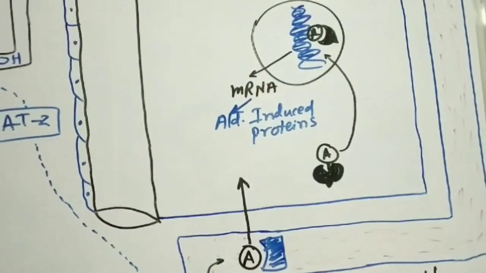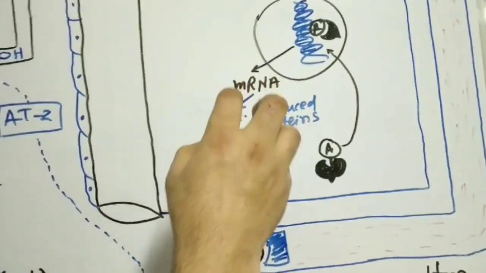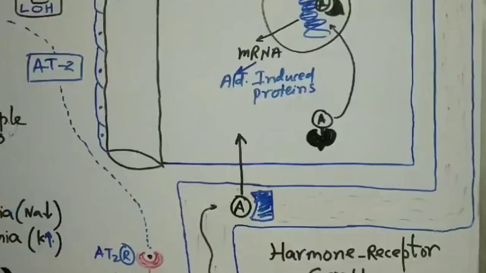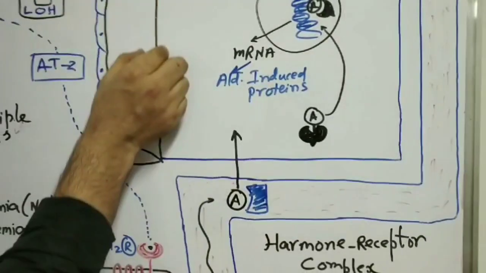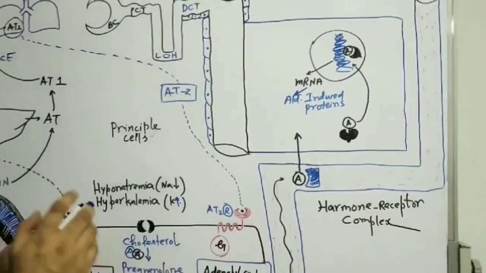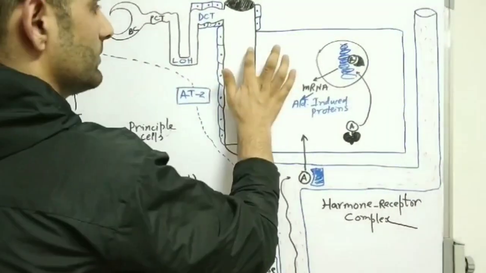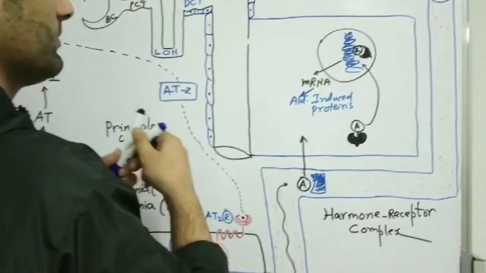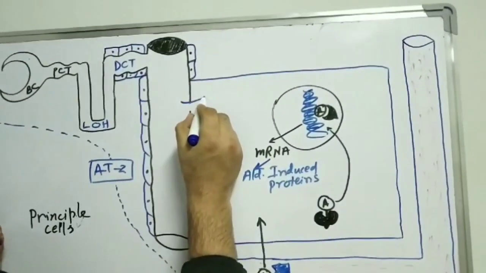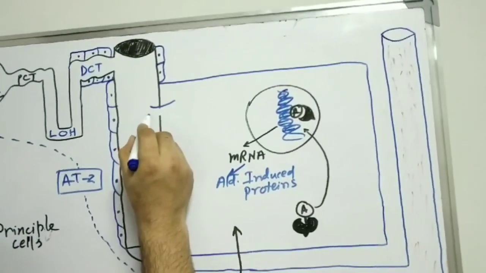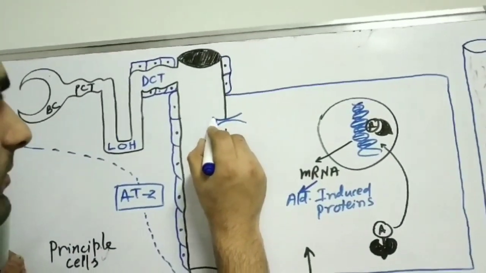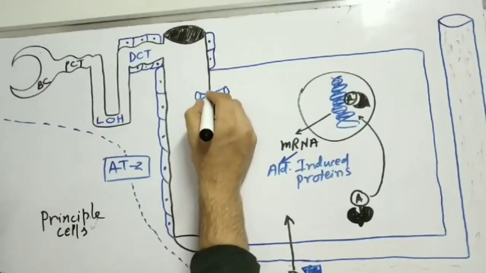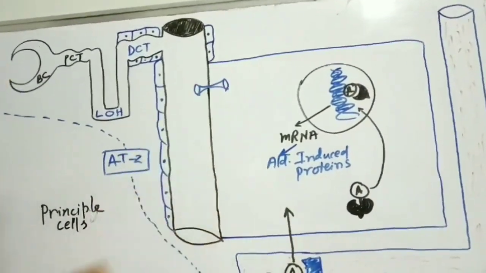Now let me tell you what these different kinds of proteins are going to do. In the luminal membrane of the collecting duct, there are some channels. Let me show you here one channel. This channel is an inactivated channel.